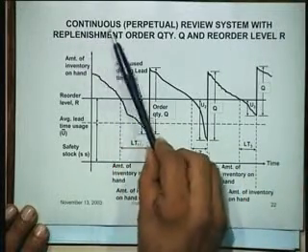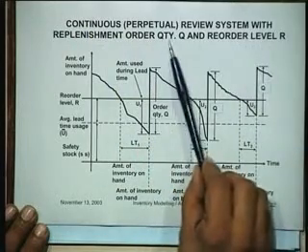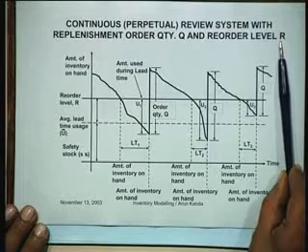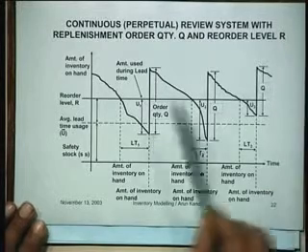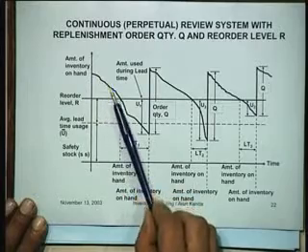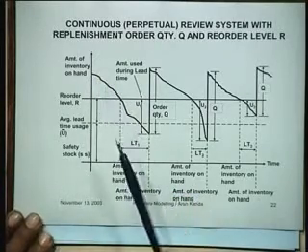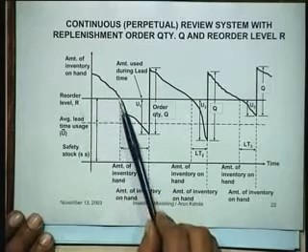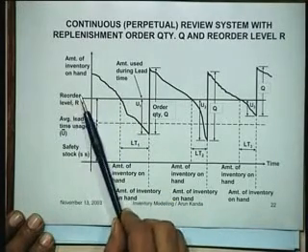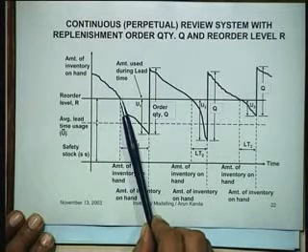One is called the continuous or the perpetual review system with the replenishment quantity Q and reorder level R. What this simply means is that suppose this is the stock level. Now in an actual situation this stock level will be fluctuating and will be coming down. So what happens really is that when it comes down to a certain level called the reorder level R, which is what you have to determine in an inventory control policy, then you place an order.